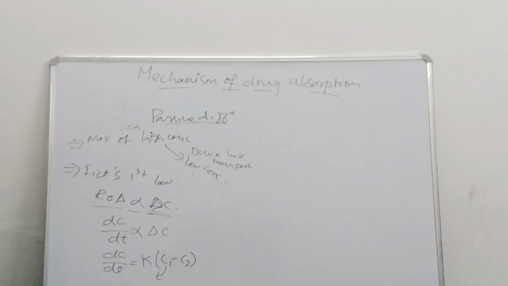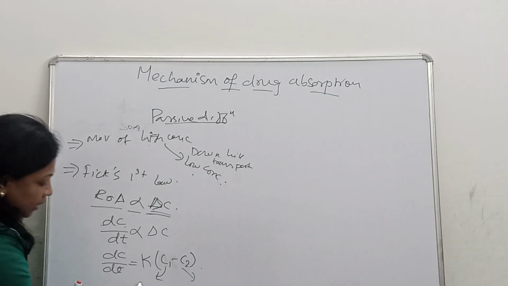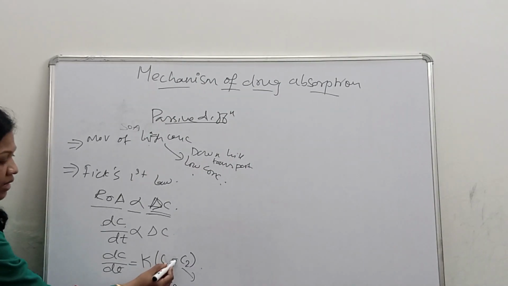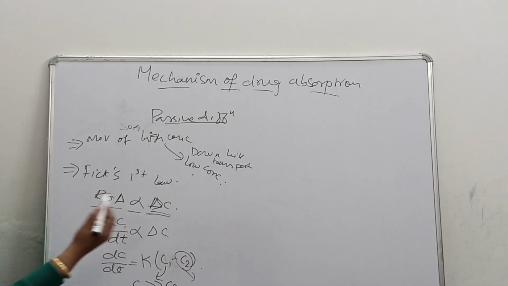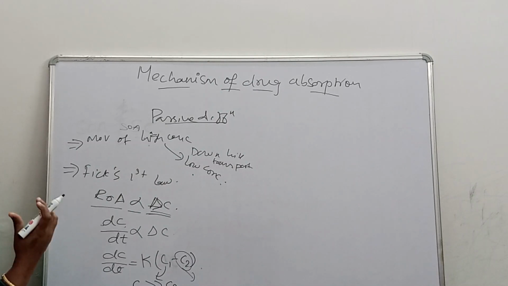This is the concentration of drug in site of administration, and this is the concentration of drug in systemic circulation, where C1 is very much greater than C2. As the drug gets diluted very much in blood, because the volume of blood is 6 liter.